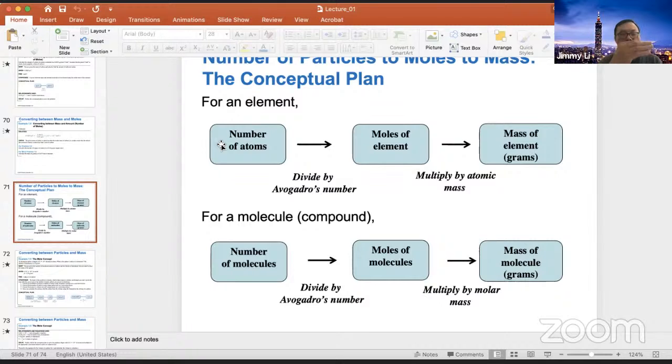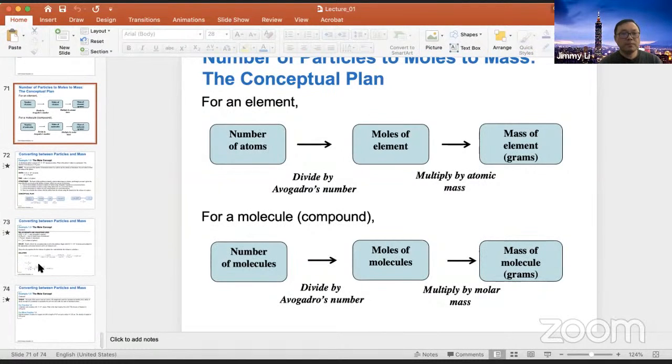If you used multiplication before, now it's going to be division. If you used division before, now it's going to be multiplication.